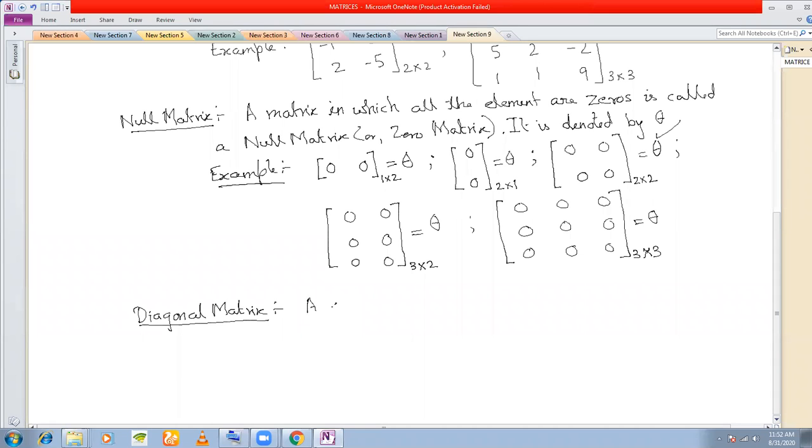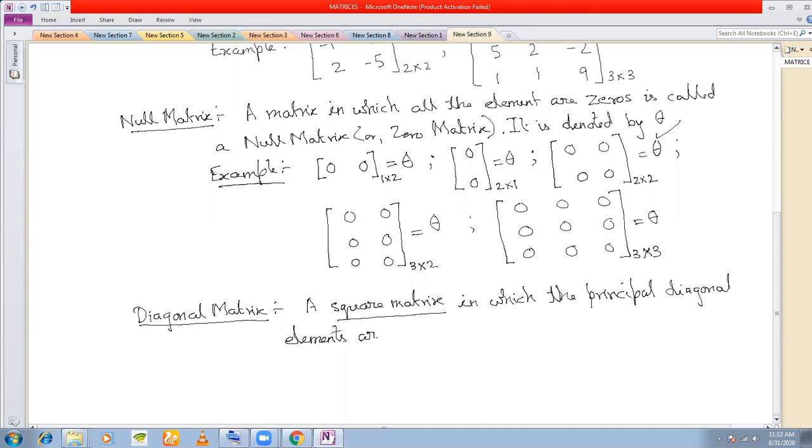Remember, a diagonal matrix is a square matrix in which the principal diagonal elements are non-zero is called a diagonal matrix.